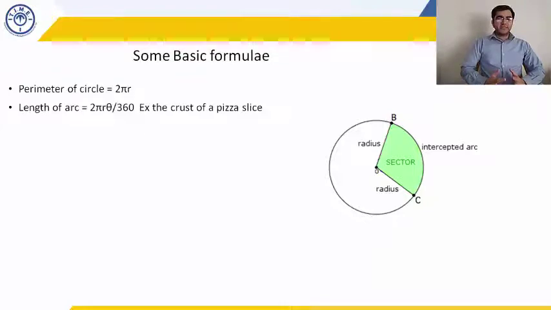An arc is similar to the crust of a pizza slice. So imagine that you have a pizza slice, imagine a cheeseburger pizza. So the crust part corresponds to the arc and the length of arc can be given as 2 pi r theta divided by 360. So imagine that you had 1/4 of a pizza.